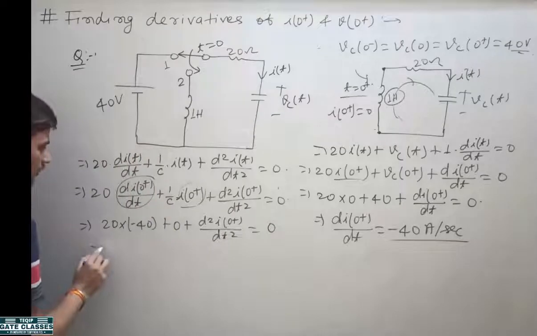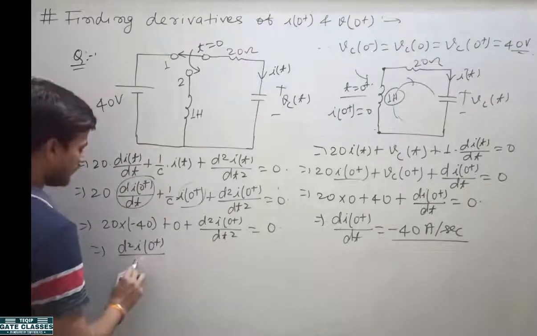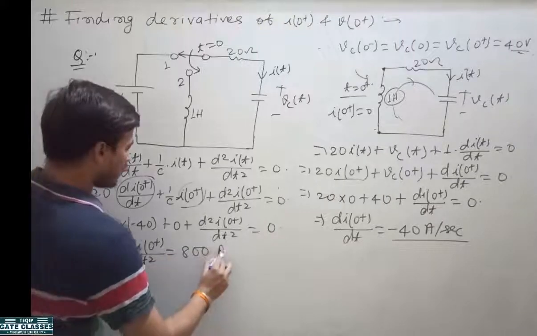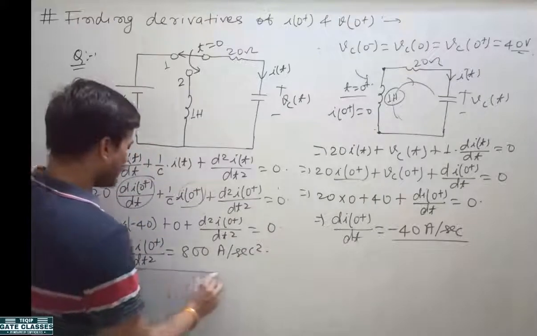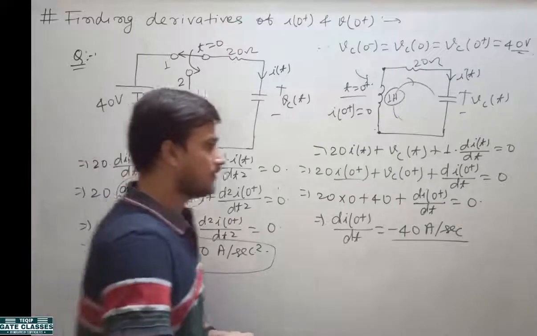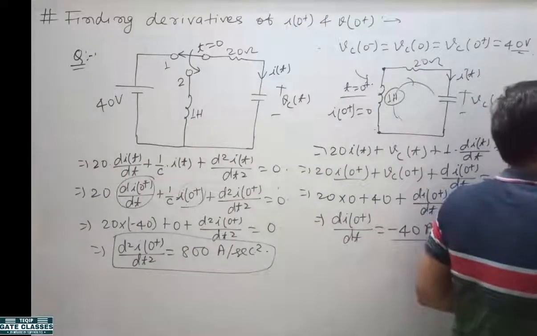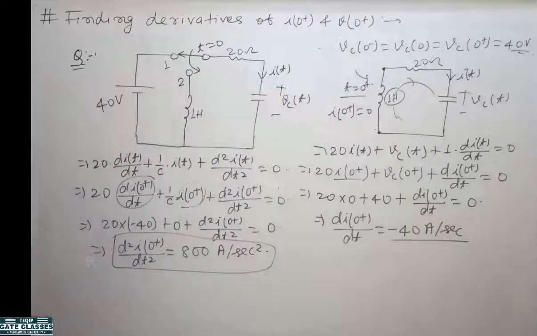So from here, d²i(0+)/dt² will be equal to 800 ampere per second square. This is the value of d²i(0+)/dt². Clear? So we got the answer of the second question.